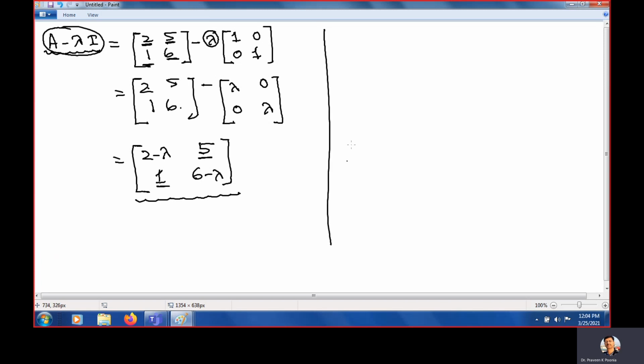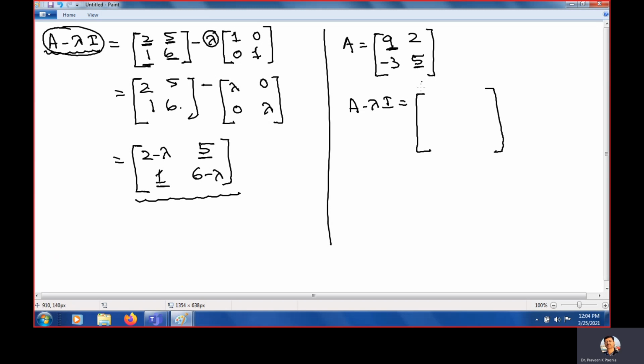Similarly, if I take another matrix, say A is equal to 9, 2, minus 3, 5, then for A minus lambda I, I need not do anything. I only need to write minus lambda here and minus lambda here. So this is 9 minus lambda and this is 5 minus lambda, and the rest of the entries you can put the same.